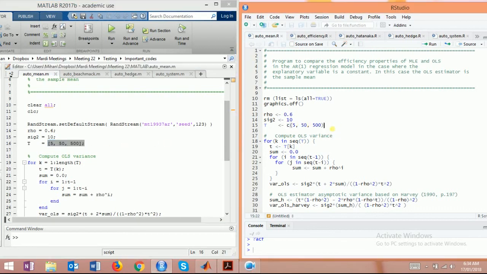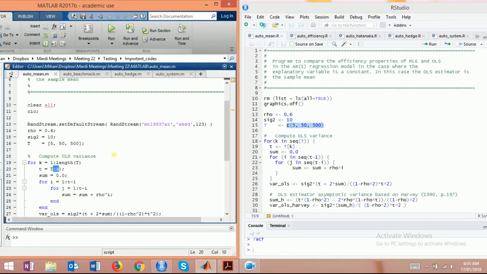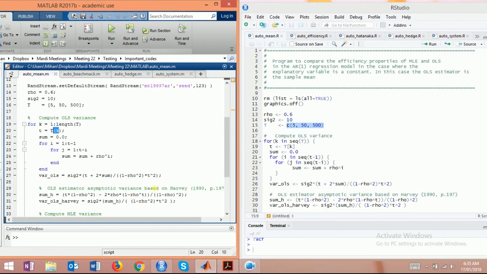So we combine 5, 50, 500 in t; it's not column, it's not row, we just combine them. For 5 we'll see they're not asymptotically efficient, for 50 also not, but for 500 they will be asymptotically efficient if we simply divide them.